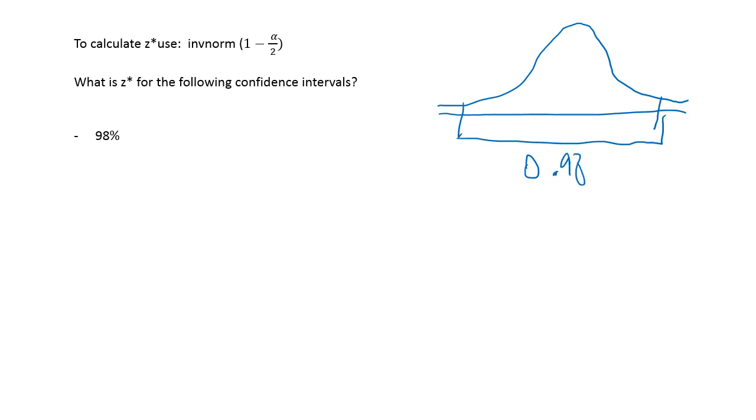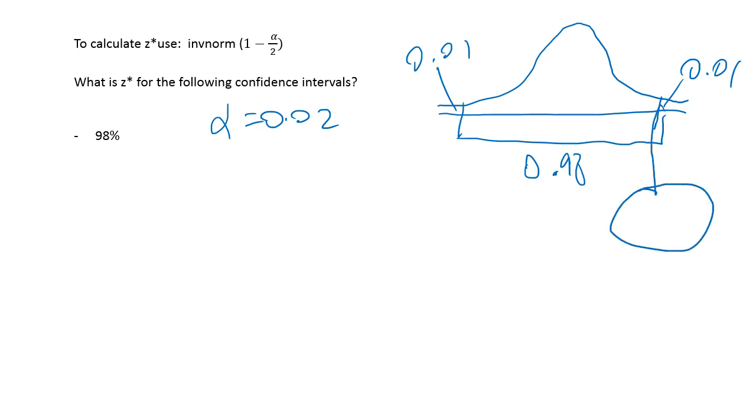Well, the alpha for this is 0.02, which means each end will have half of that because of the symmetry. And so I need to find the z-score that matches this information right here, where if I start here and go all the way to there, then I've covered the 1% and the 98%.